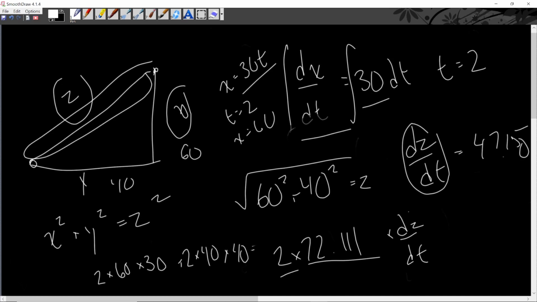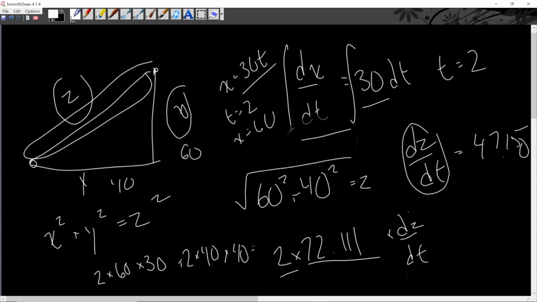Come up with a visualization of what is going on. What is changing, and what is the relationship between these two variables? We had x squared plus y squared equals z squared. North and west were two legs of a right triangle, so we can just use the Pythagorean theorem. That's the relationship that we observed.